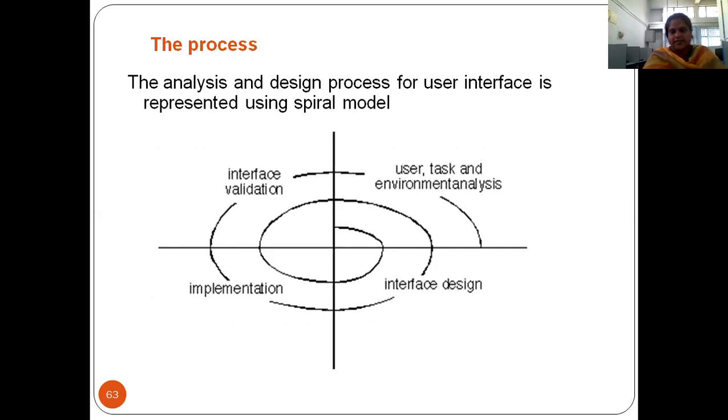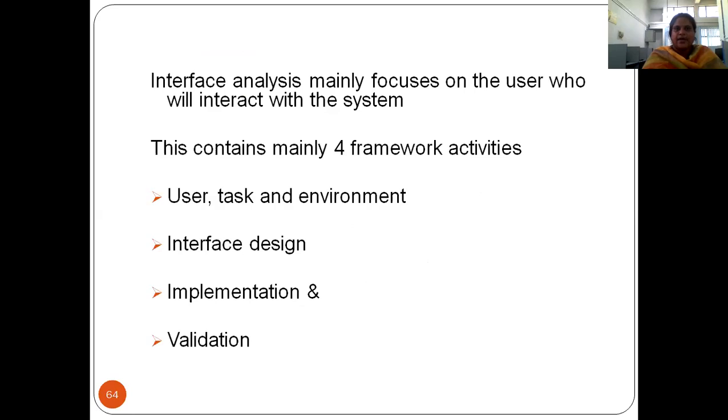So there is a process which takes place in interface design. Now, interface analysis mainly focuses on the user who will interact with the system. It contains four framework activities, which we have already seen: user, task and environment analysis, interface design, implementation, and validation.